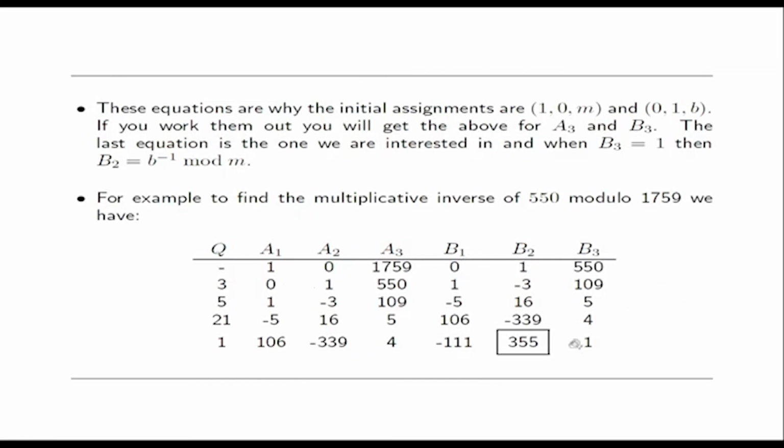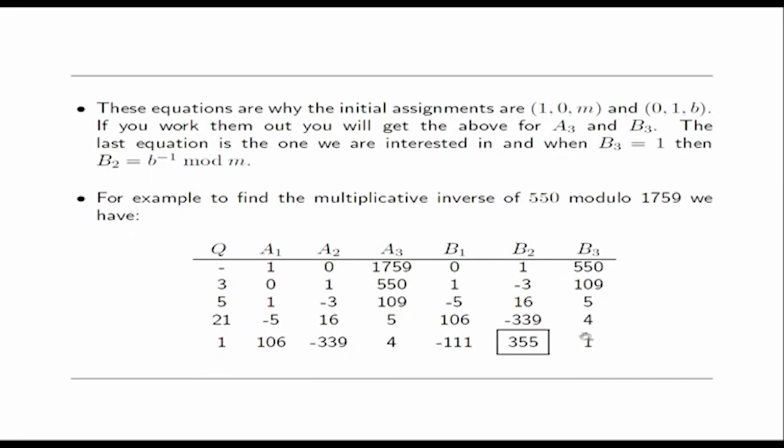This is the initialization step, and Q is A3 by B3 every time. So, Q is 3, and then we change these values using the temporary variables, calculating A1 minus Q B1, A2 minus Q B2, A3 minus Q B3, and that is replaced in B1, B2, B3. We continue until B3 becomes 0 or 1.